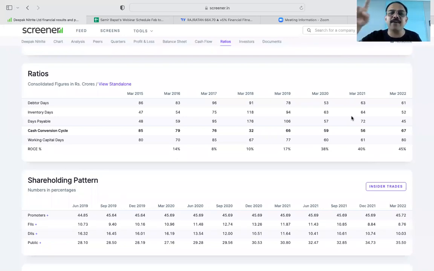Can I say 365 divided by 52, which is almost 7 times they are rotating their inventory? Agreed? In 52 days, whatever material came, they make finished goods and send out. So they are able to rotate their inventory 7 times. Everyone agreed?